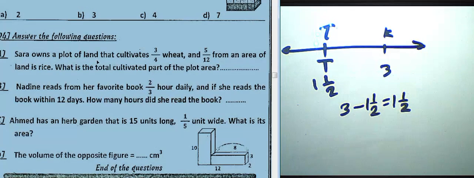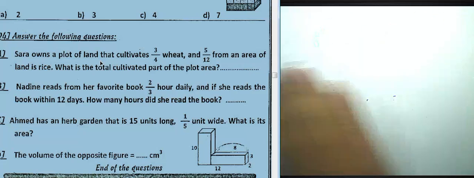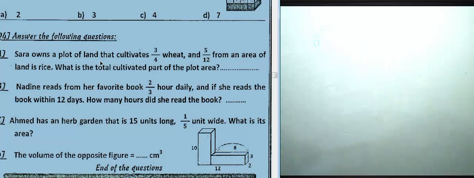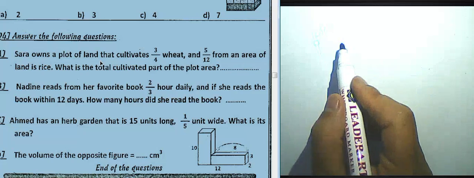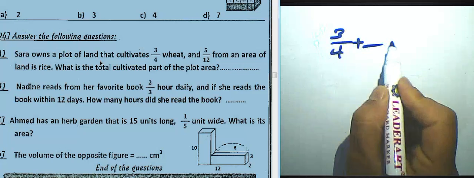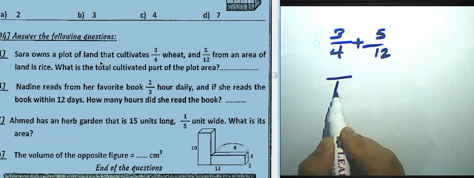Sarah owns a plot of land, and she planted 3/4 of it and 5/12 of an area of land with rice. What is the total planted part of the plot area? Total, we can find the sum of them. 3/4 and 5/12. Write 12 in the denominator.